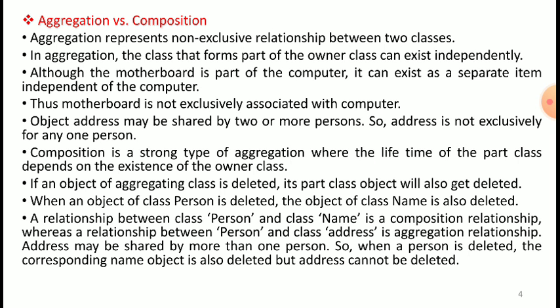Address may be shared by more than one person. So when a person is deleted, the corresponding name object is also deleted, but address cannot be deleted. So that is the relationship between class person and class name.